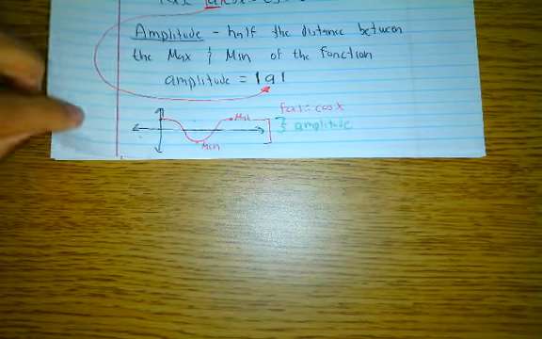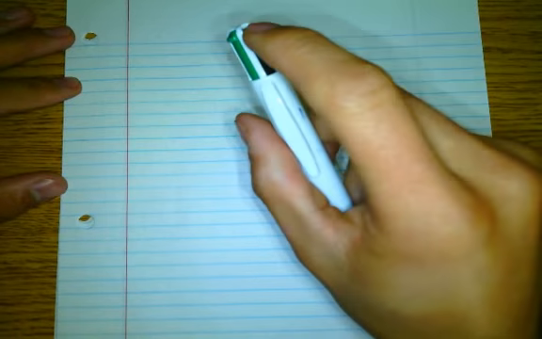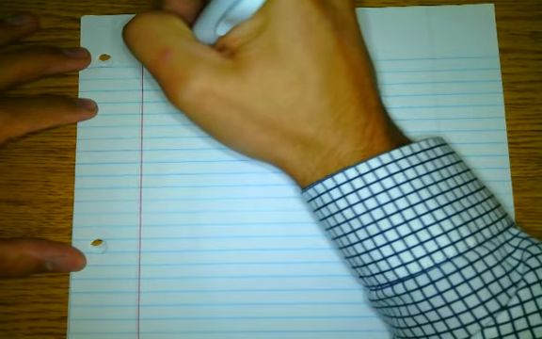So on a quiz or test, this is the question. Sketch the graph. F of x equals 1/2 cosine x.